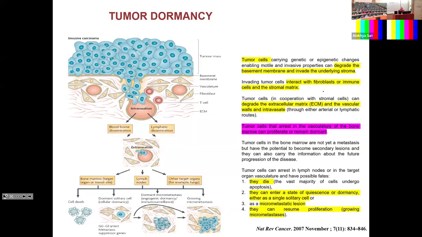In other cases, they form some growth, and that mass of cells stays in that site as micrometastasis for many years. In another way, they can reawaken, and then they can grow into a full-site metastasis. So those are the characteristics of tumor cells.